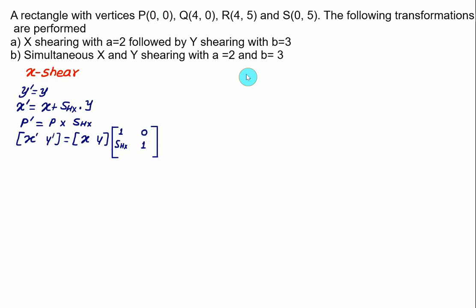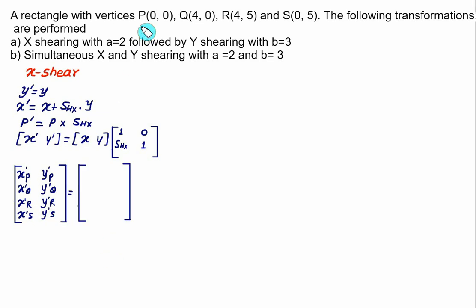This time we have been given 4 coordinates, so you have to calculate x prime of P, y prime of P. Similarly, you have to calculate x prime of Q, y prime of Q, x prime of R, y prime of R, and x prime of S, y prime of S.